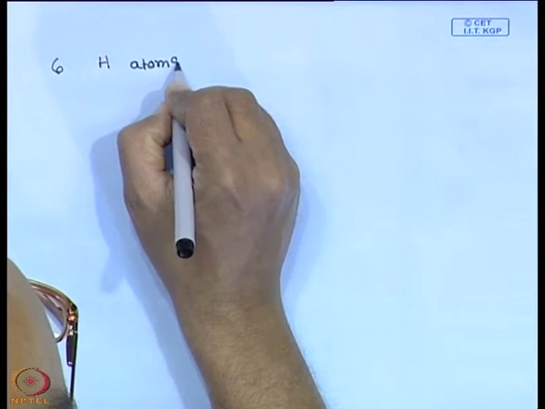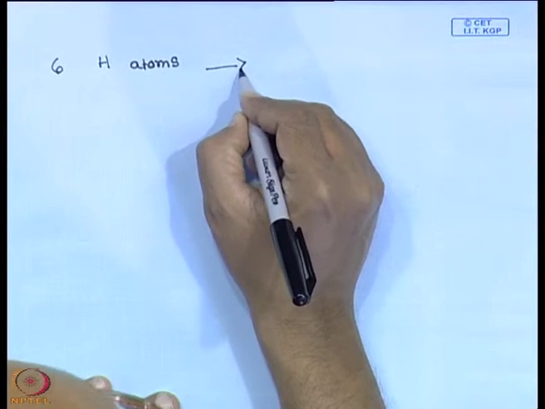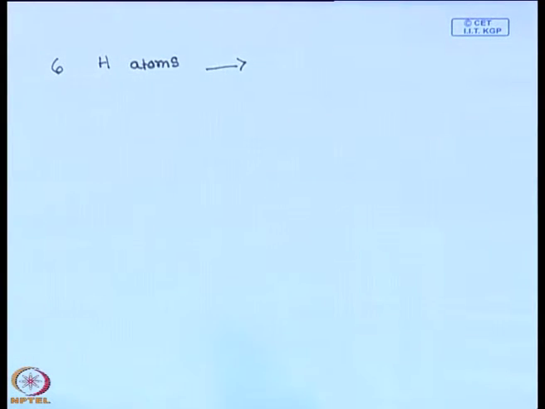It is only the nuclei which participate in the reaction, but the electrons are there. Okay. The whole sun as a whole is neutral. So, 6 hydrogen atoms to start with, and at the end you have 1 helium 4.